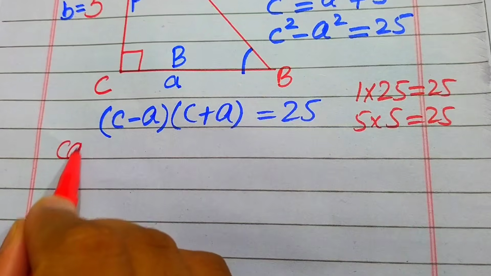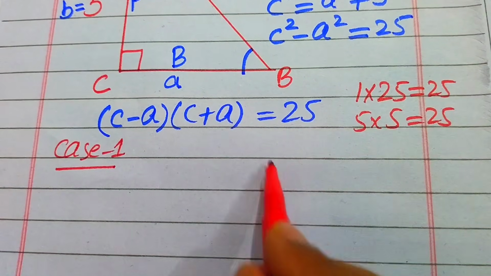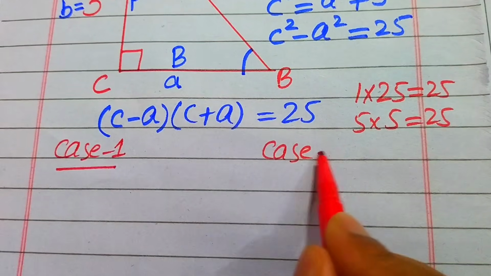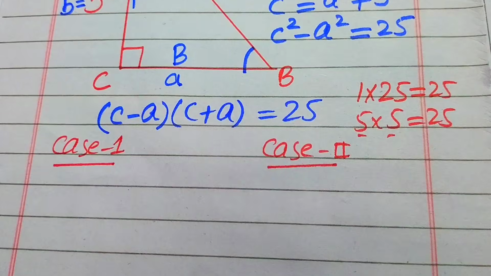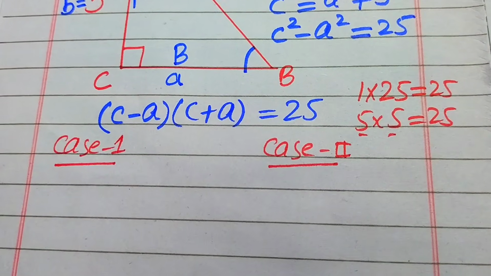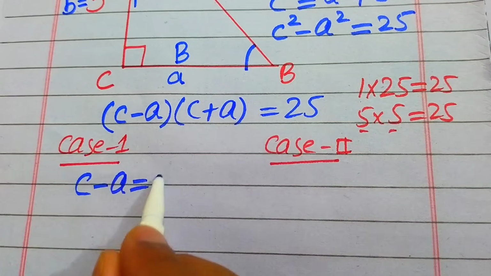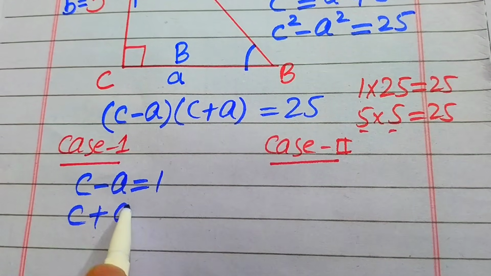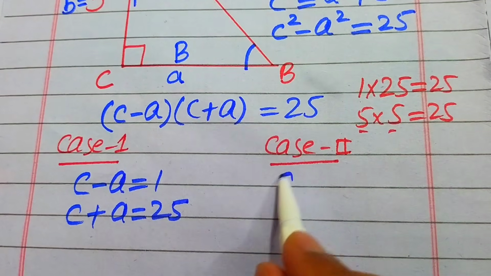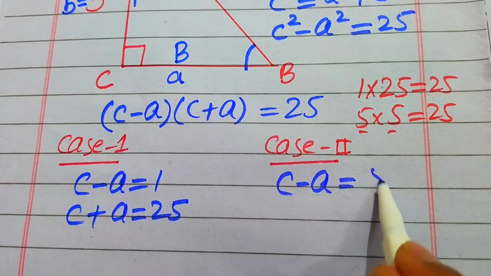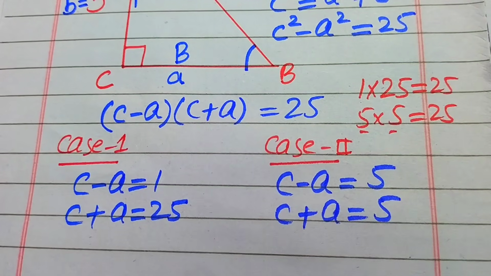In the first case, we compare c minus a and c plus a with 1 and 25, and in the second case, we compare these two factors with 5 and 5. So in case number 1, after comparing the values, we get c minus a equals 1 and c plus a equals 25. In the second case, we have c minus a equals 5 and c plus a equals 5.